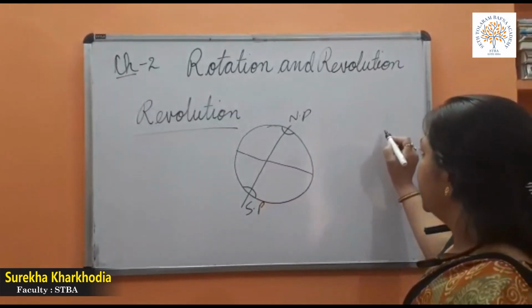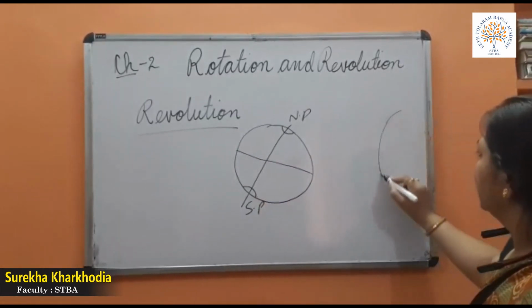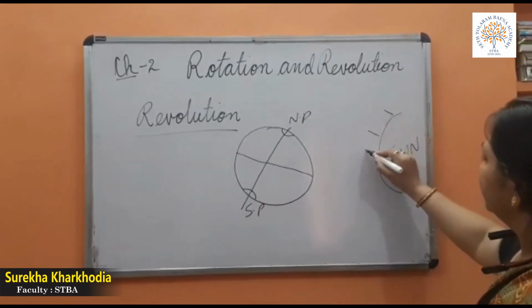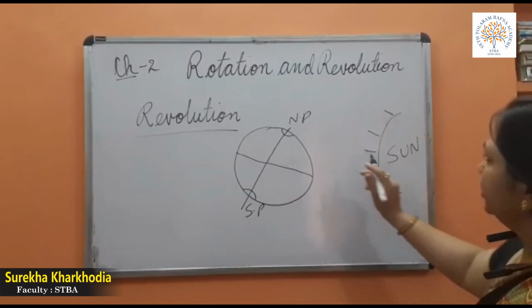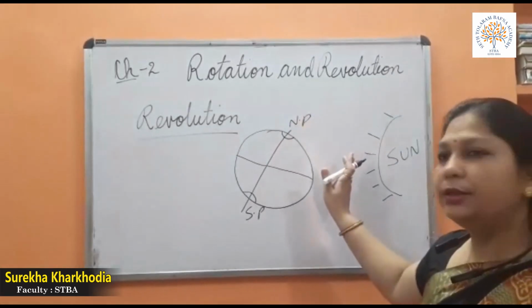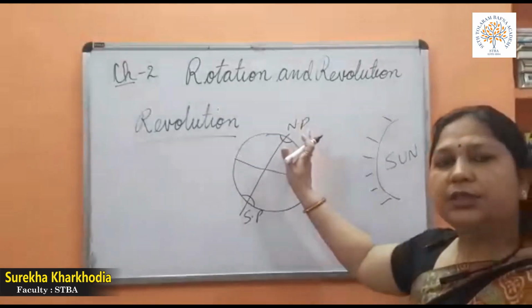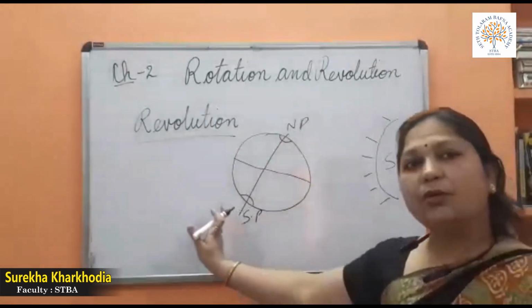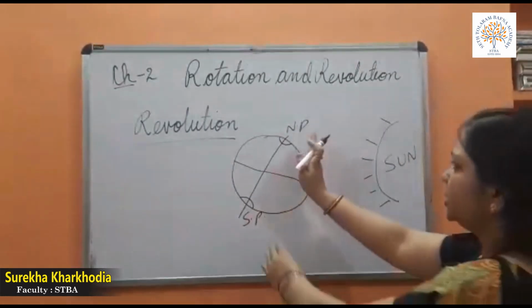Suppose this is a sun here. Then the North Pole is facing towards the sun, so summer season is here, whereas South Pole is away from the sun. You can see the distance here.